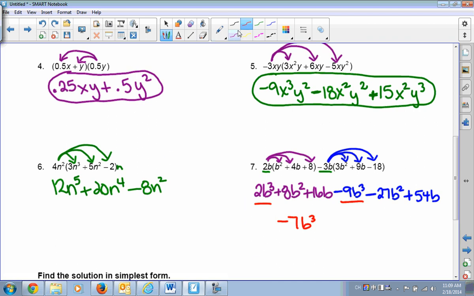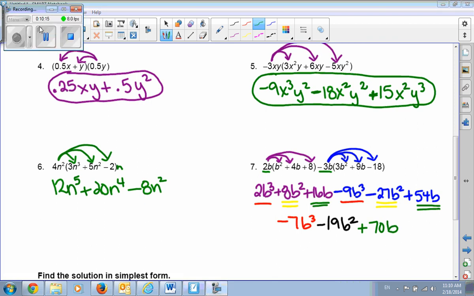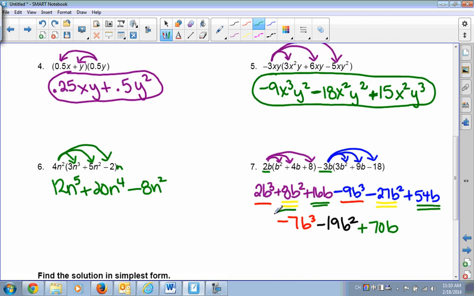Then we go to the b squareds. 8b squared minus 27b squared is negative 19b squared. Then 16b and 54b is 70b. Okay, so this would be our simplified answer.